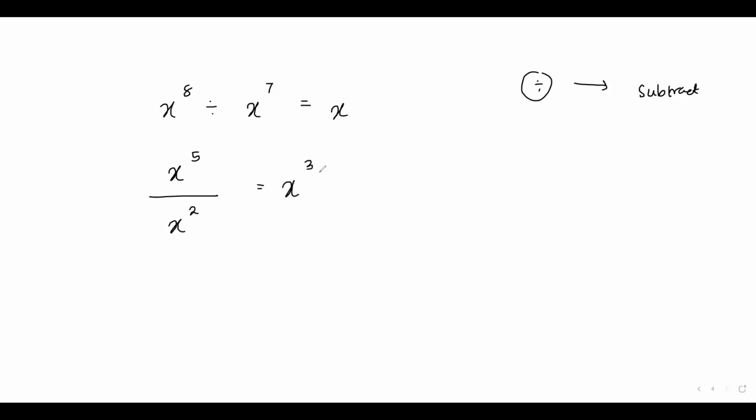That's the only difference. Here you have a division sign, here it's a fraction, but it means division in other words. So let's say we have x to the power 8 divided by x to the power 10. The answer is x to the power minus 2.